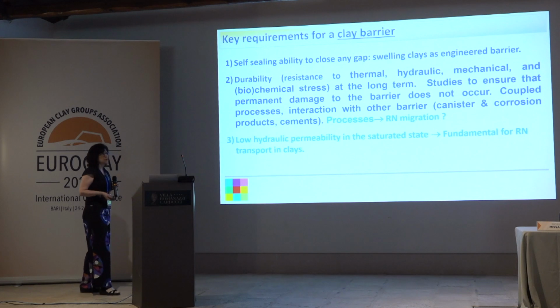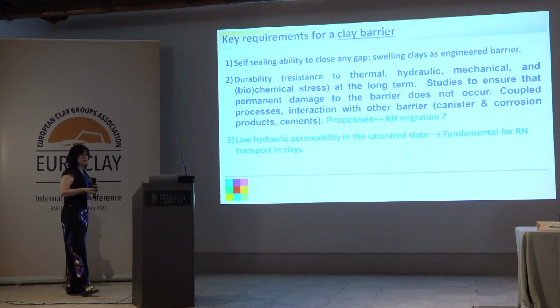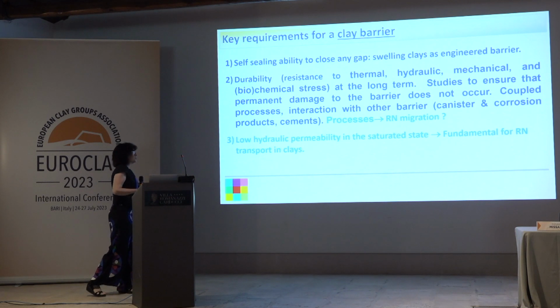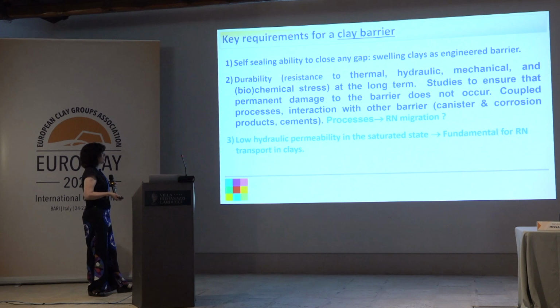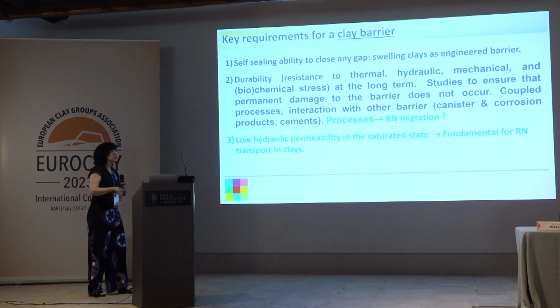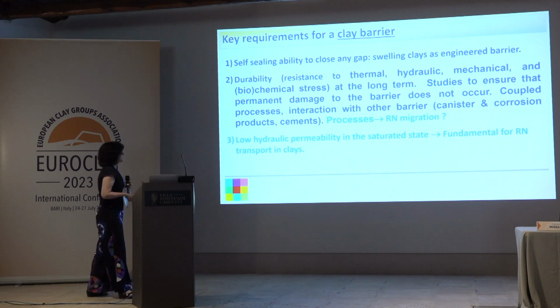But also we have to understand what the effect of coupled processes can be and, for example, the interaction with other barriers, for example, the canister corrosion processes, cements from the backfills, and so on. And whether all these processes can or cannot affect not only the barrier, but also the migration of radionuclides within the barrier.